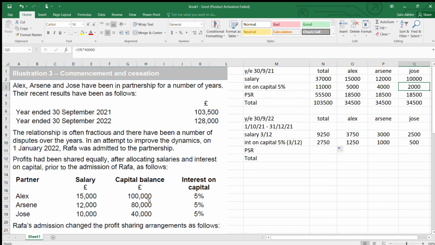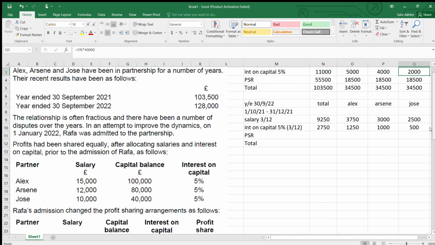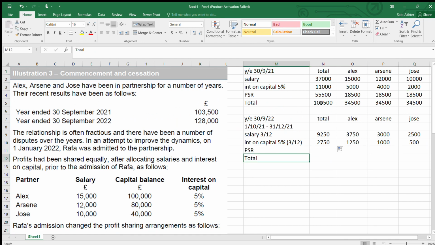Then total, this thing is 32,000, I guess. Yes, now profit will be this into 3 months. Sorry, it is not this total. You have to take 128,000, because for year end 30th September 2022, it's this 128,000 into 3 divided by 12. 32,000.